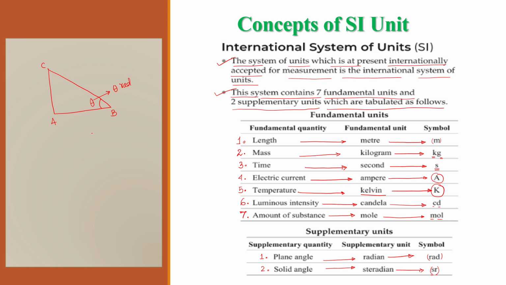But if you are considering the angle of a cone like this, now we are considering this angle. So it is in steradian. This is a plane angle. Okay. Now it is clear to you, plane angle and solid angle and the 7 fundamental units of SI system. These are very, very important for your whole life.